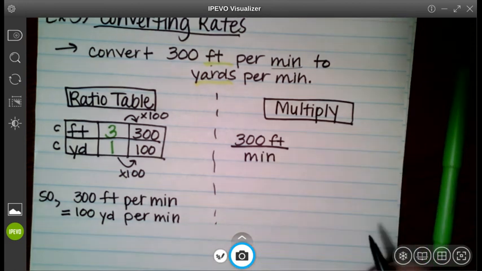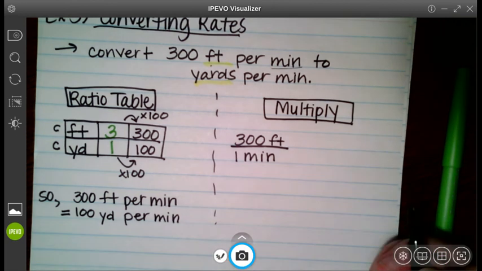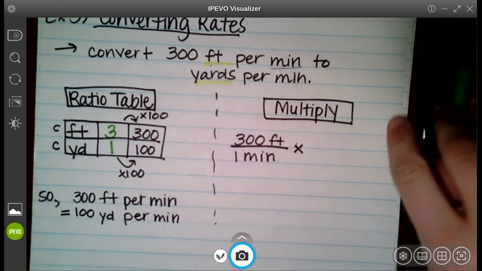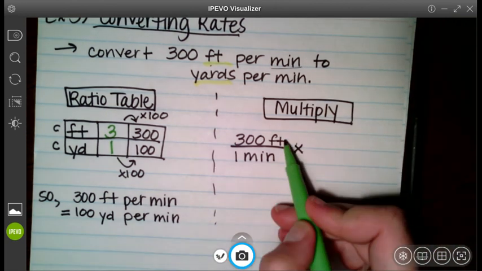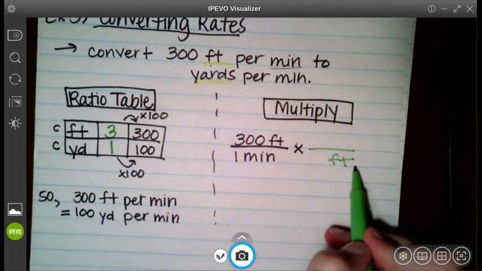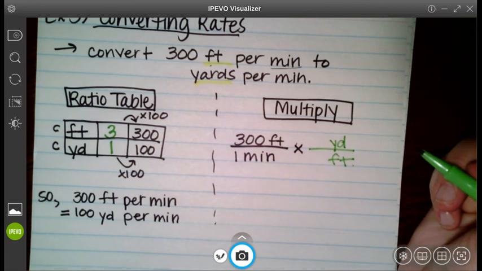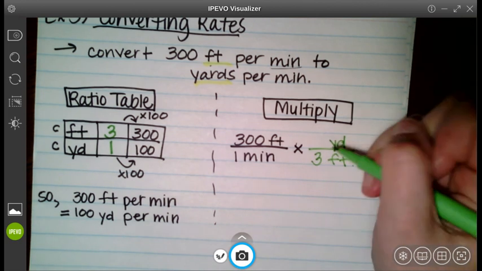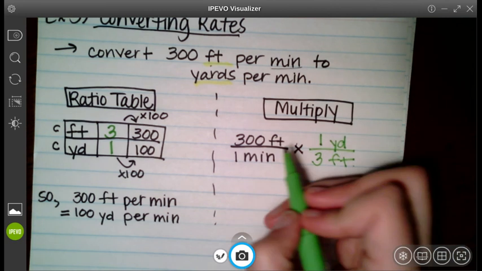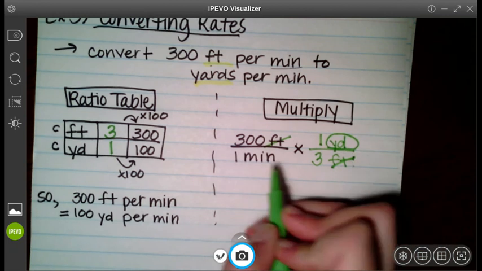I write it as a fraction: 300 feet per 1 minute times my conversion factor. I want feet to be gone, so I need feet in my denominator. Feet to yards. I know that there are 3 feet in 1 yard. Feet cancel, and I am left with yards per minute.